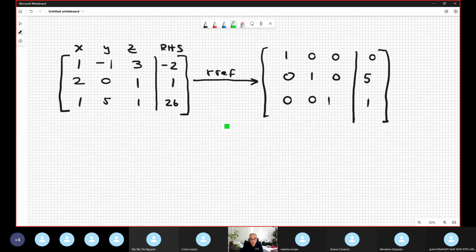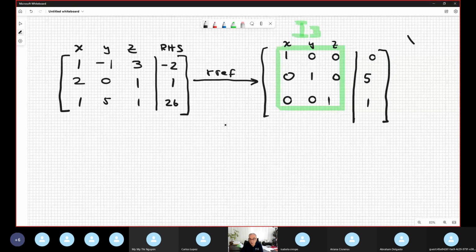Again, one more time, I can see the famous identity matrix, dimension 3 for the variables, and we have no extra block. Therefore, we have no free variable. Therefore, we have a unique solution. X, Y, Z. Es obvio that we have the solution as a point. X equals 0, Y is equal to 5, and Z is equal to 1. Boom, easy.